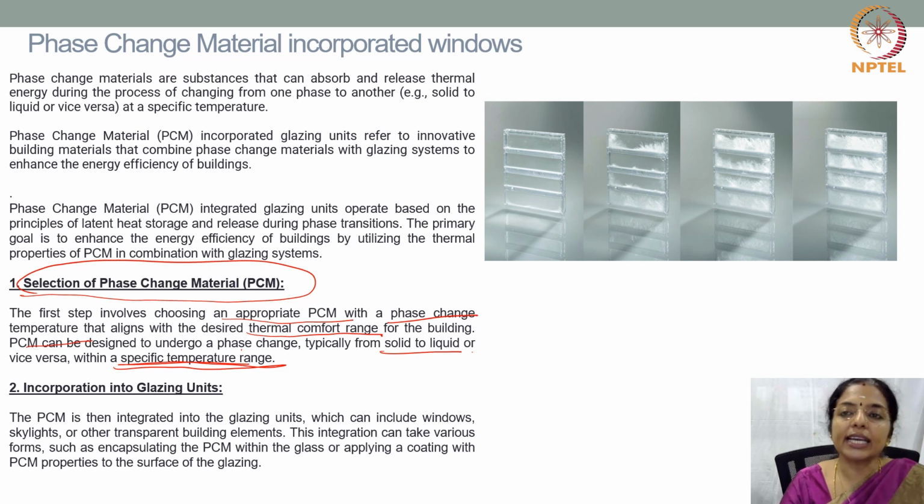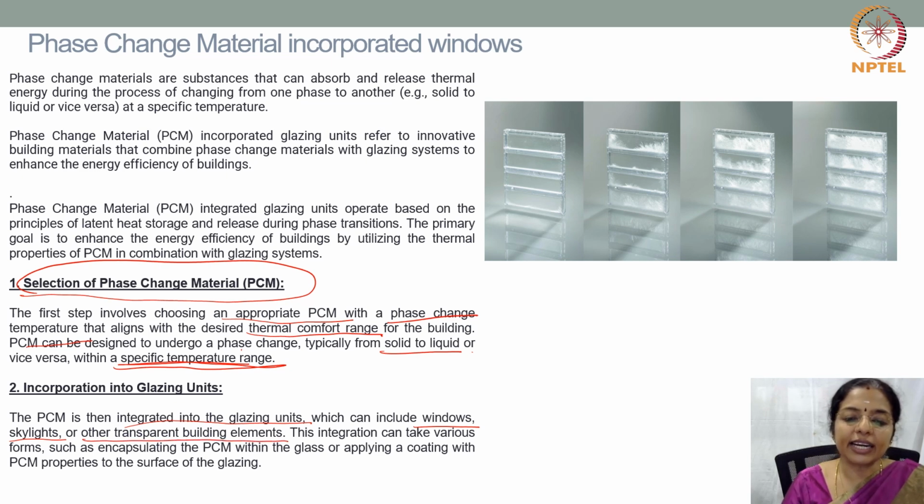Second is incorporation in glazing units. The PCM is then integrated or incorporated into the glazing units, which can include windows, skylights, or any other transparent building materials.